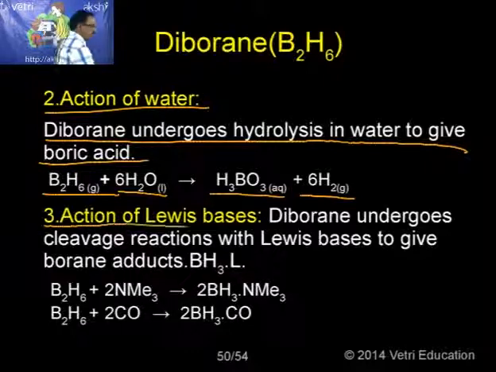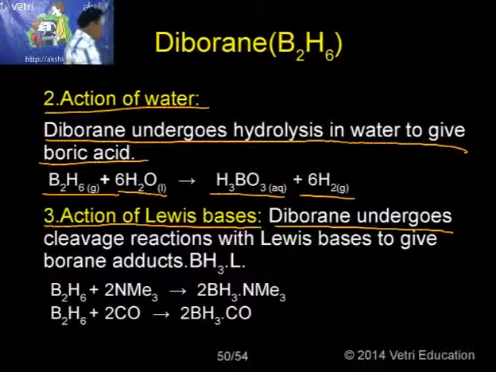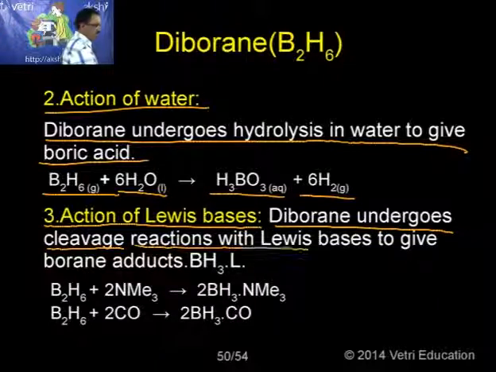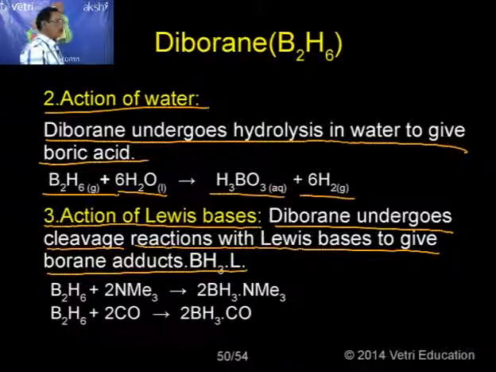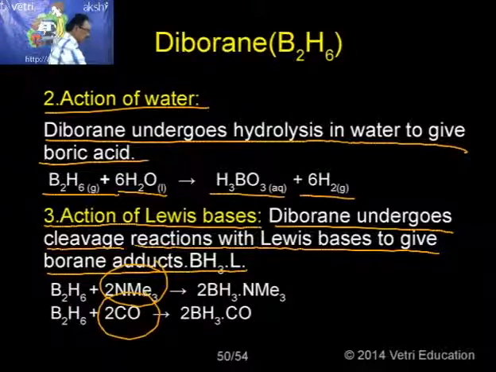Let me go to the action of Lewis bases. Diborane undergoes cleavage reactions with Lewis bases to give borane adducts. Simply, an adduct is formed like BH3.L, where L indicates the Lewis base. What are the adducts here? Trimethylamine and carbon monoxide are commonly used.